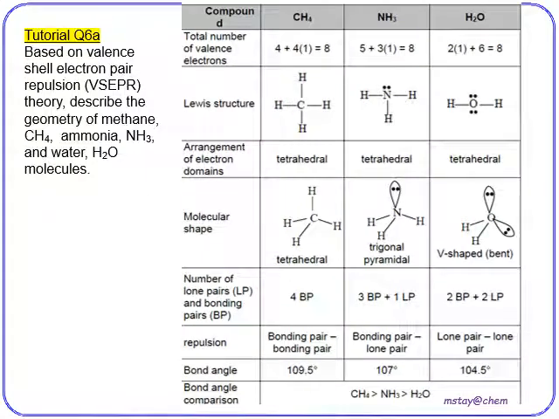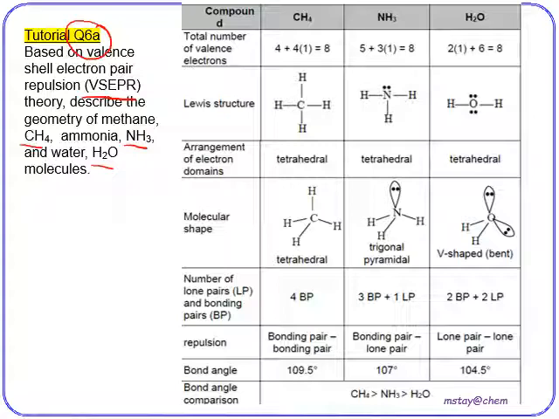Let's continue with tutorial question number 6a. According to the VSEPR theory, you have to describe methane, ammonia, and also water, to predict the bond angle and also the molecular geometry.